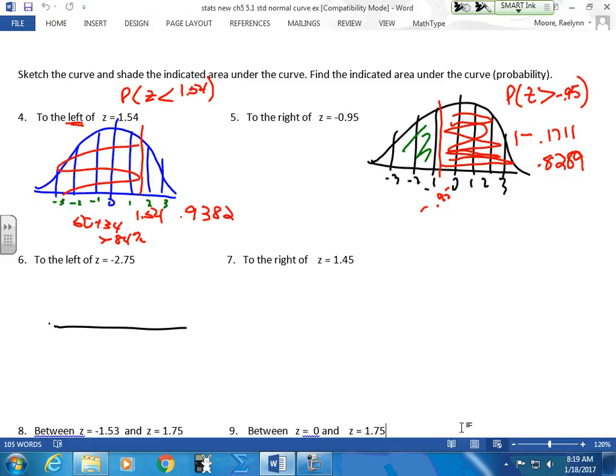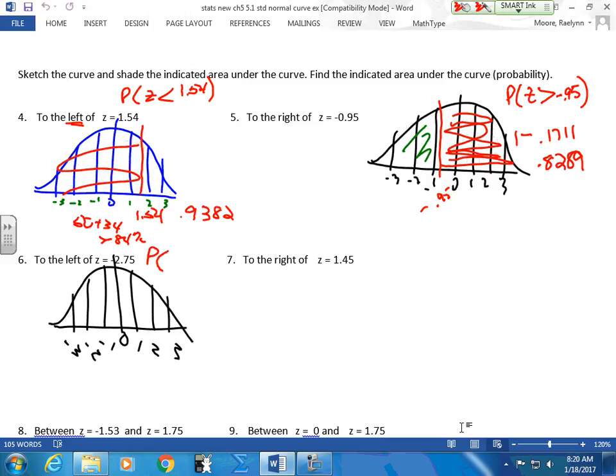To the left. I should see this sketch on every single one. To the left, how do I write the probability? Probability that z is what? Less than negative 2.75. Between which two integers do I find negative 2.75? Negative 3, negative 2, a little closer to the negative 3, right?